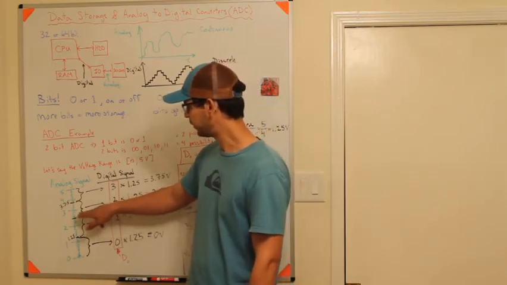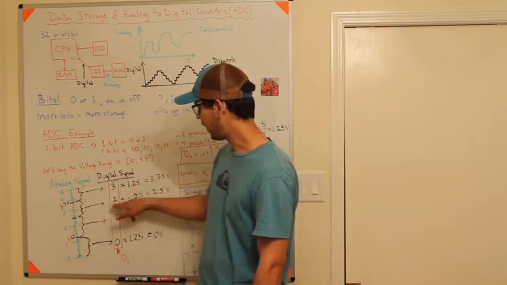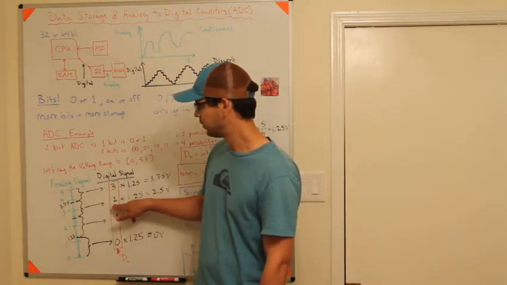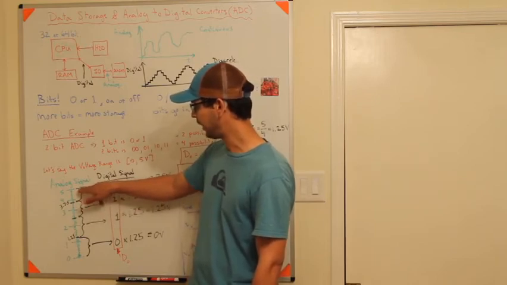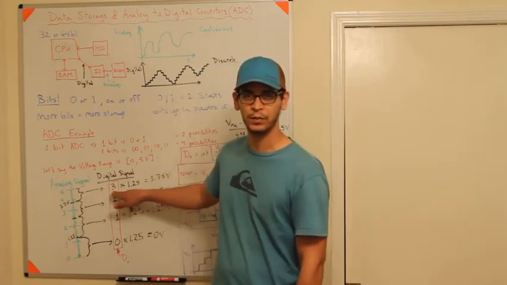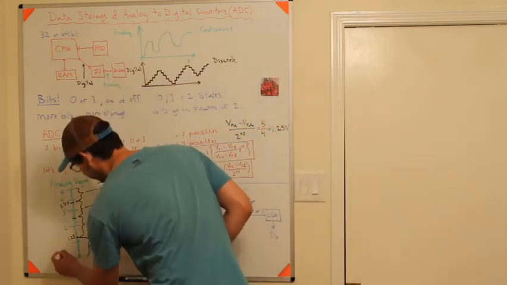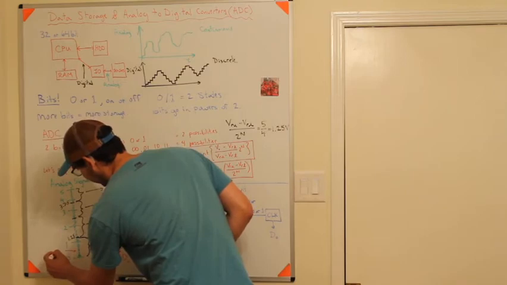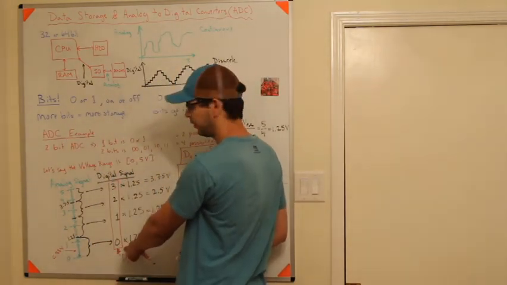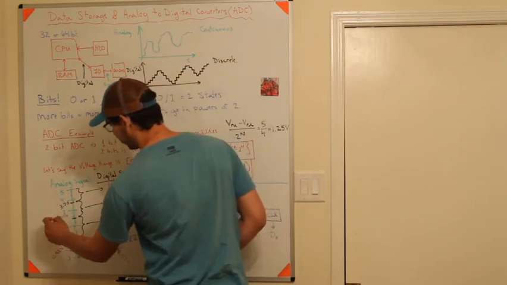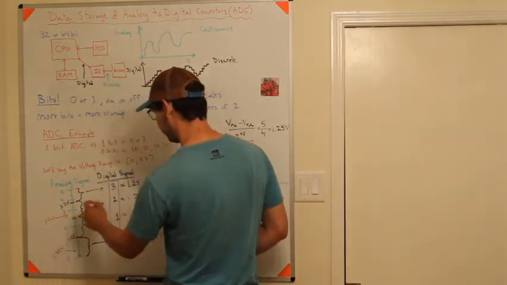If I receive a signal between 2.5 and 3.75, I'm going to give it a digital output of 2. If I get an analog signal of 3.75 to 5, I'm going to give it a digital output of 3. And so, as an example, if I get a signal of 0.88 volts, that's going to be a digital output of 0. If I get a signal that's 2.9 volts, I'm going to give that a digital output of 2.